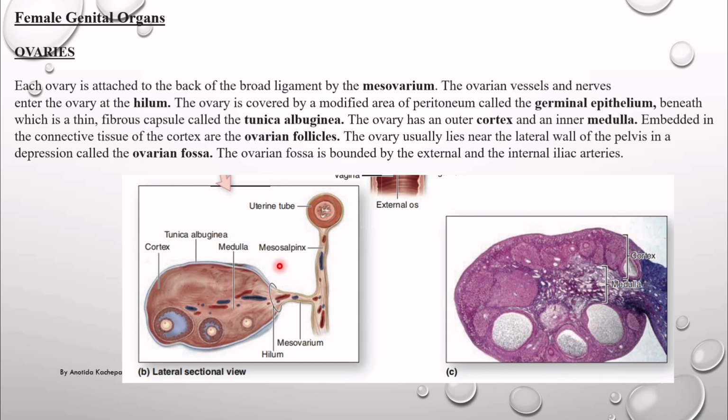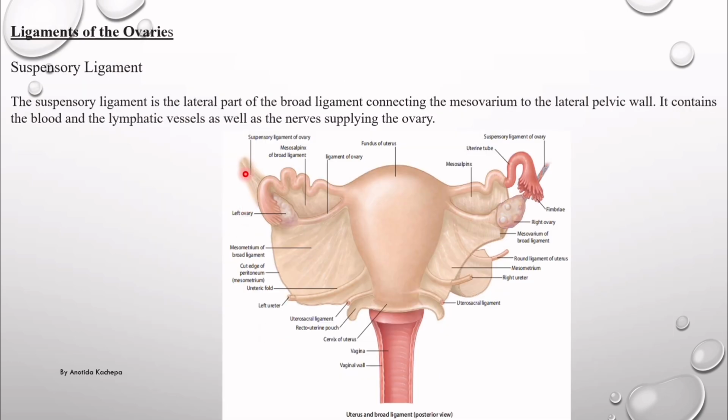We should take note that the ovary is supported in the pelvic cavity by what's called the broad ligament. The broad ligament has the suspensory ligament, which supports the ovary to the lateral pelvic walls.